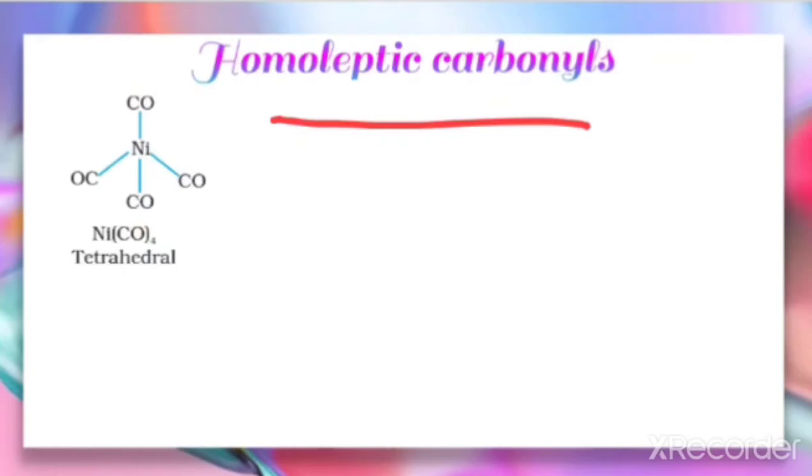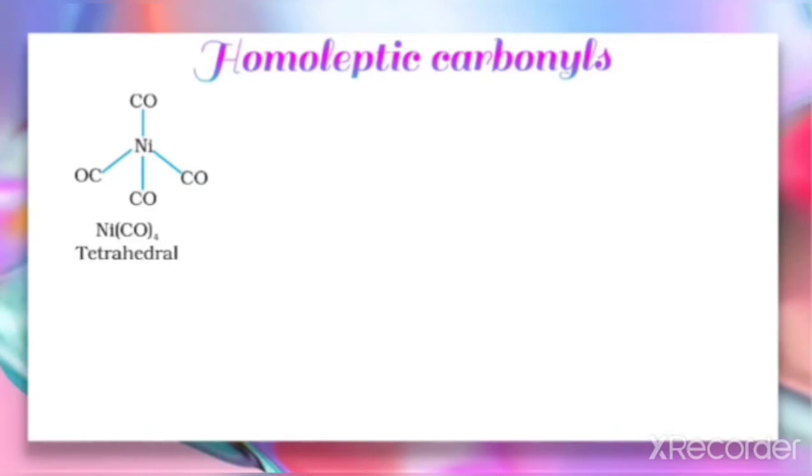That means metal carbonyls in which carbon monoxide is the only ligand, that is, compounds which have only carbonyl as ligand, are called homoleptic carbonyls. So let us take some examples of homoleptic carbonyls.